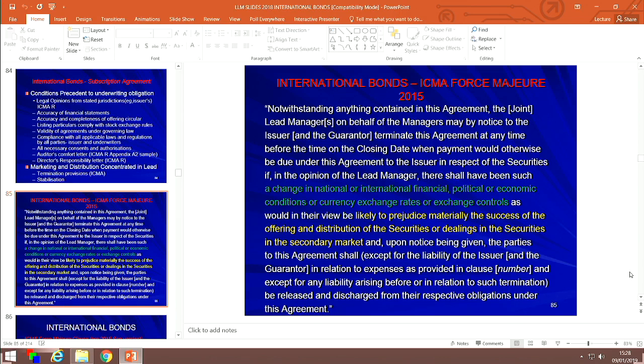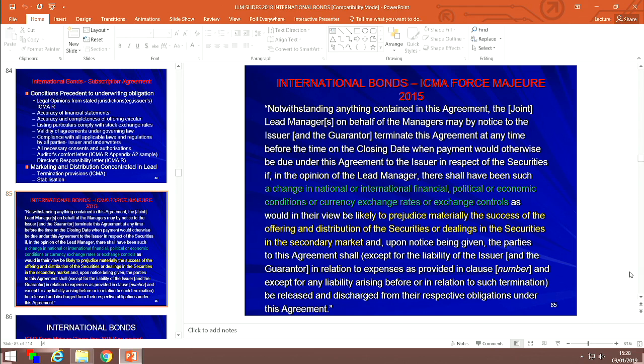This clause is the most recent clause recommended by ICMA, and which is inevitably used by investment banks in the subscription agreement. So that's where you'll expect to find it, in the subscription agreement.